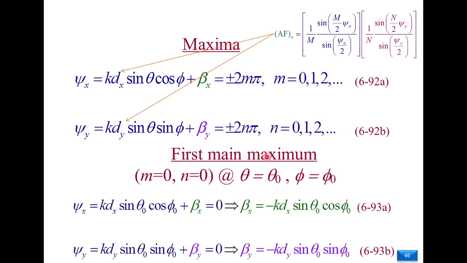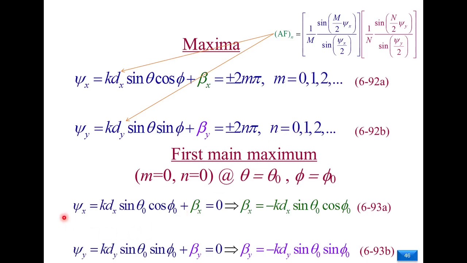So the first main maxima will be when m equals 0 and n equals 0, and this will drive the peak of the array for a certain theta and certain phi. So theta naught is the direction in theta of the peak, phi naught is the direction of the main peak, the first one, 0 and 0.